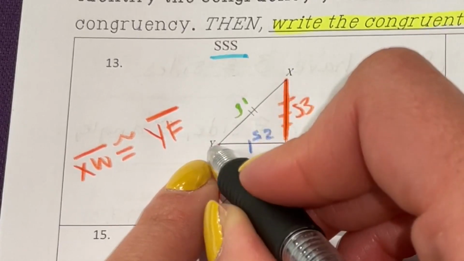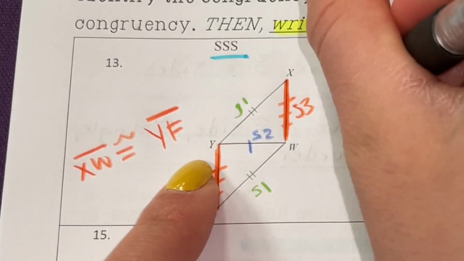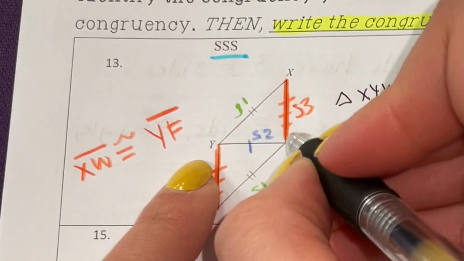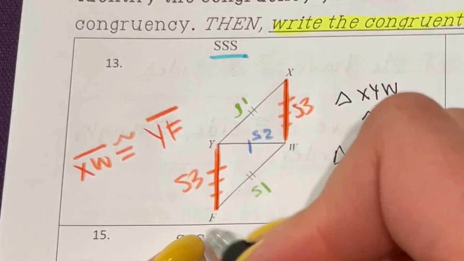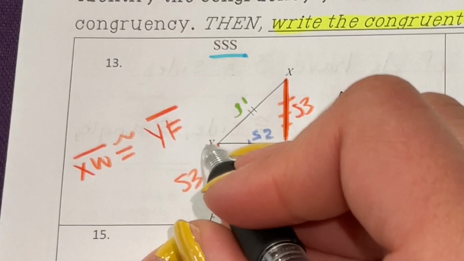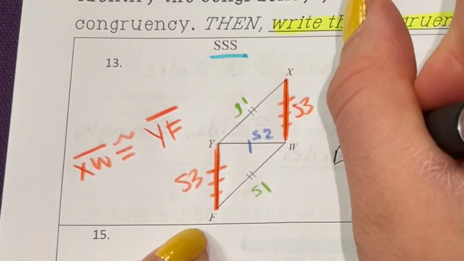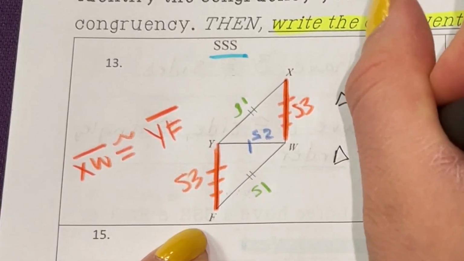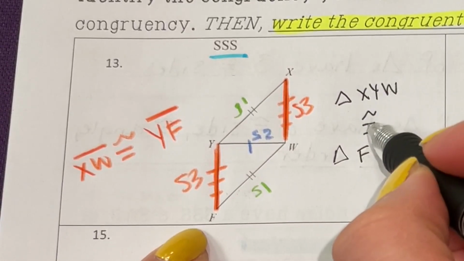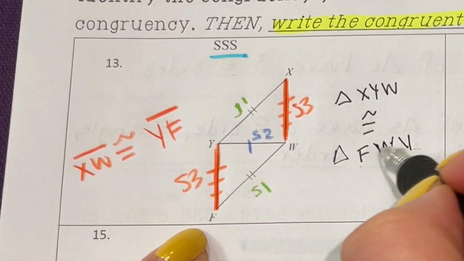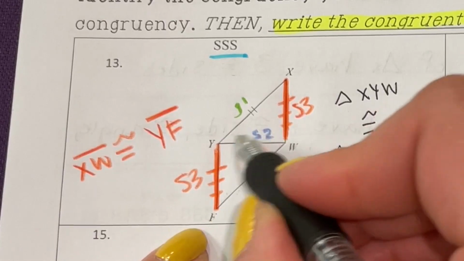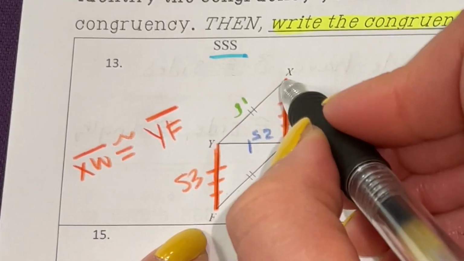So I'm going to go X, Y, W. X, Y, W is congruent. So I have to repeat that. I have to go from side 1, side 2 to side 3. So I have to say F, W, Y. So triangle XYW is congruent to triangle FWY. And again, they followed that same pattern. Side 1, side 2, side 3. Side 1, side 2, side 3.